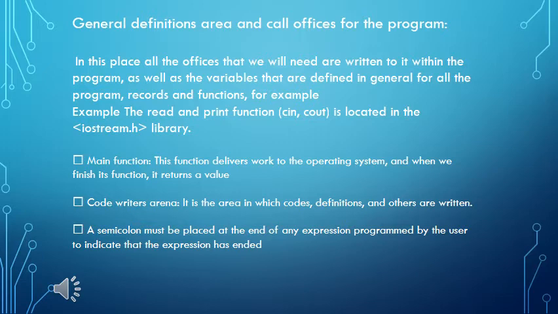Main function: this function delivers work to the operating system, and when we finish its function, it returns a value. Code writer's arena: it is the area in which codes, definitions, and others are written. A semicolon must be placed at the end of any expression programmed by the user to indicate that the expression has ended.